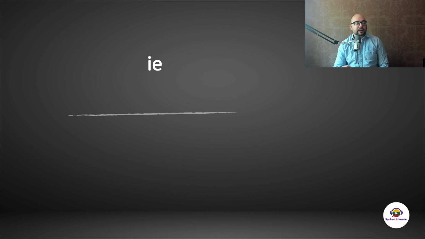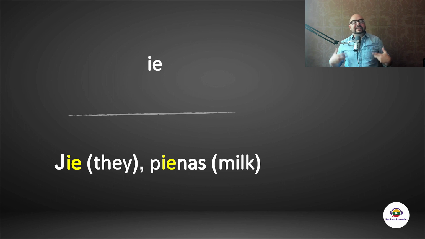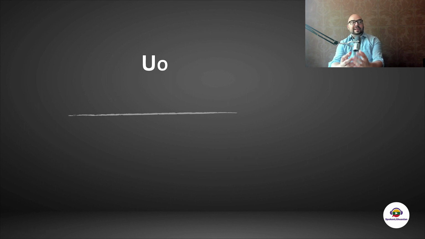Right? Ia. We have the last one over here. Ia, and this is like they. Pienas, milk, like ia. And the last one, as well, I forgot, we have the sound ua.